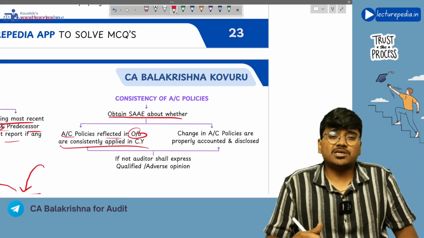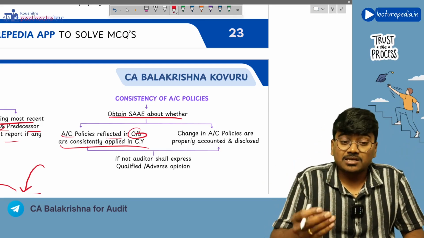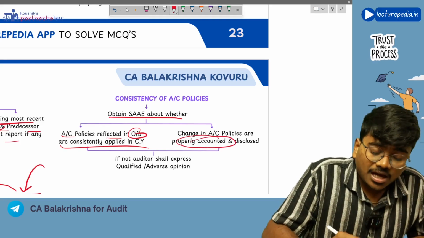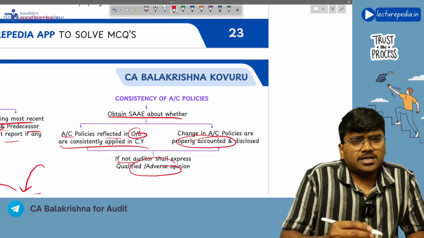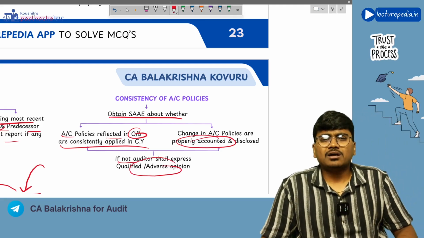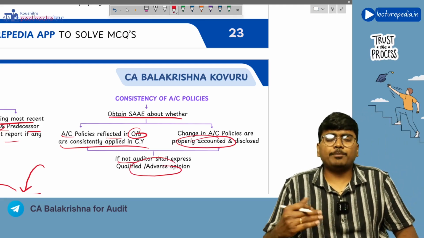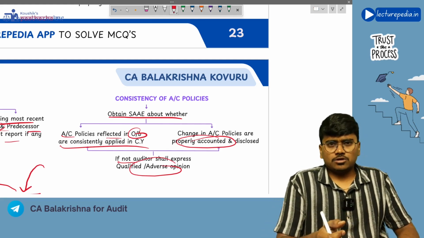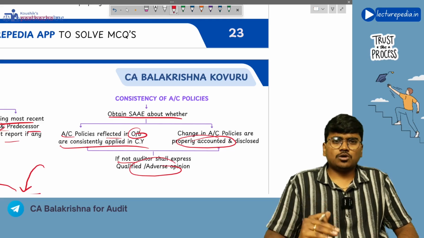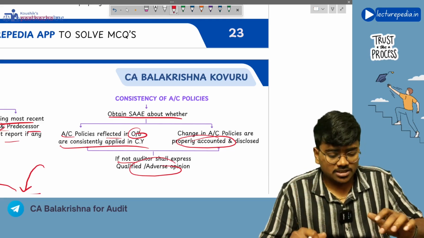If there is any change in the accounting policy, you can change, but properly account for such a change. Understanding? If not, the auditor will give either a qualified or adverse opinion based on the pervasiveness of the matter, because here evidence is available and it is also material, and based on pervasive or not he will give qualified or adverse. Got it? Yes.